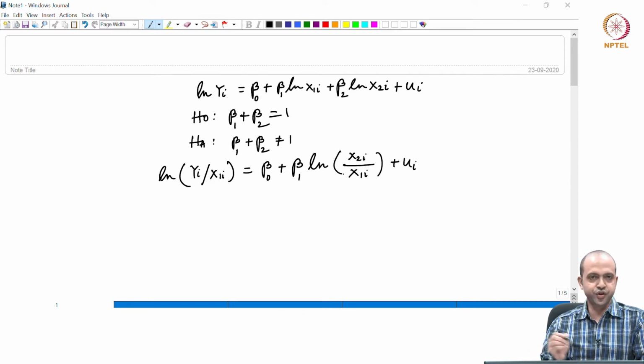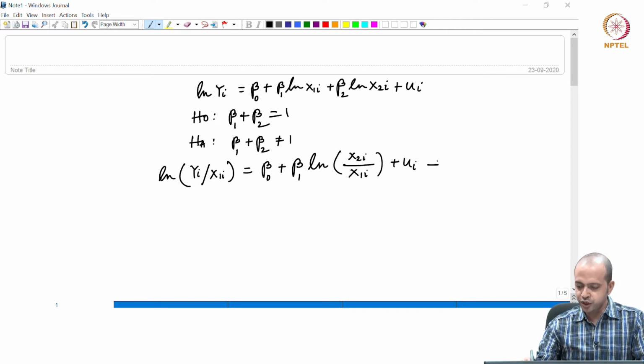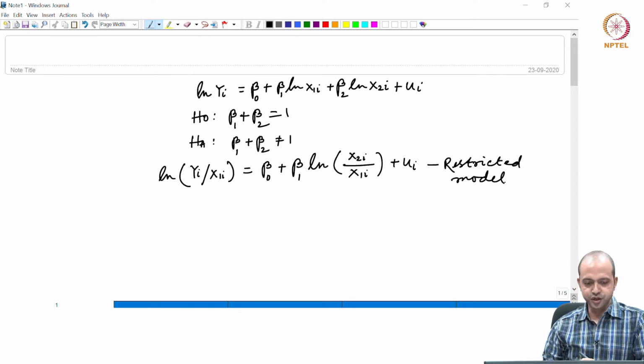So, this is the restricted version of the original production function, and we are applying OLS to this equation. This is the restricted model.